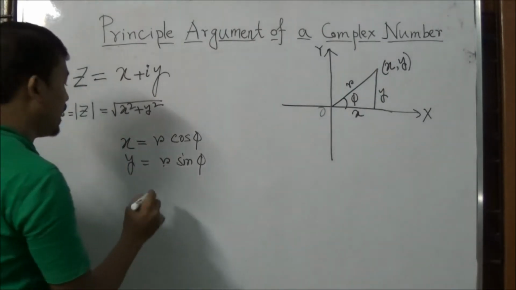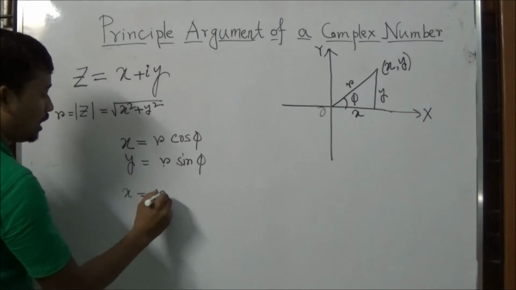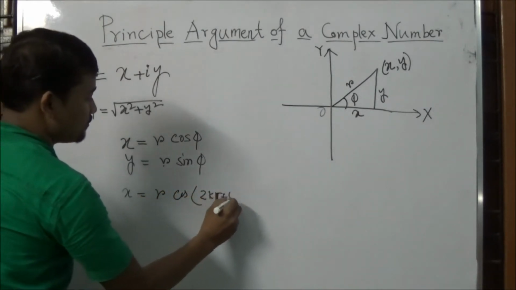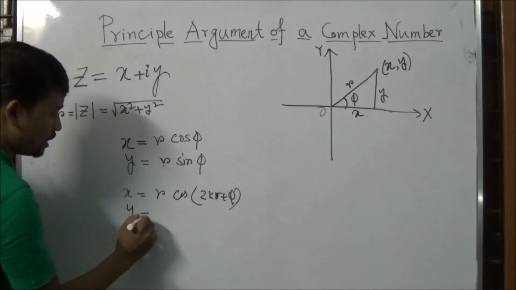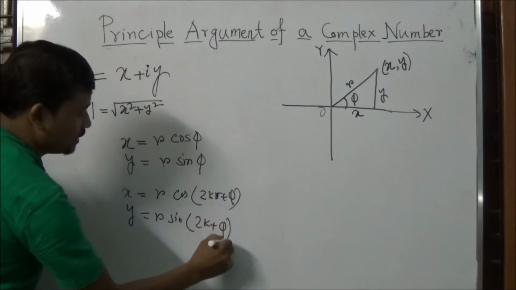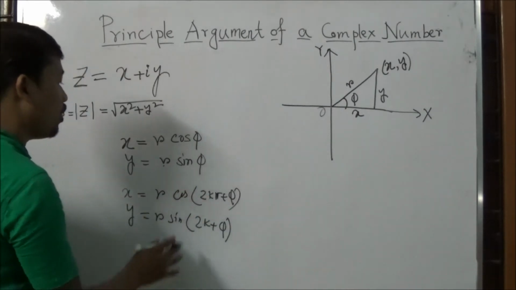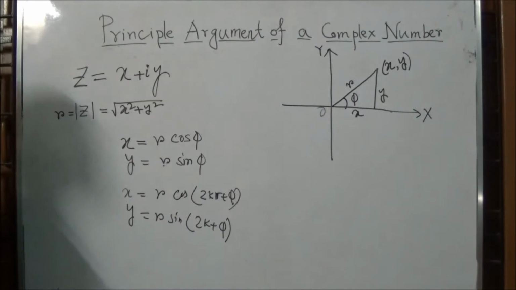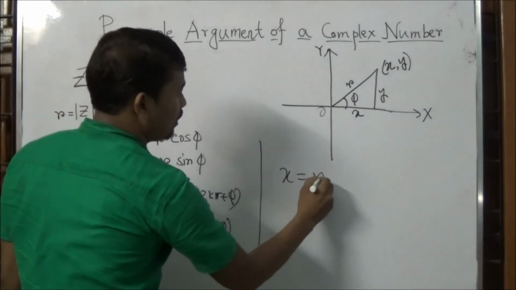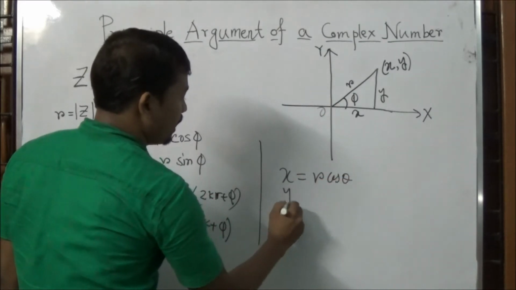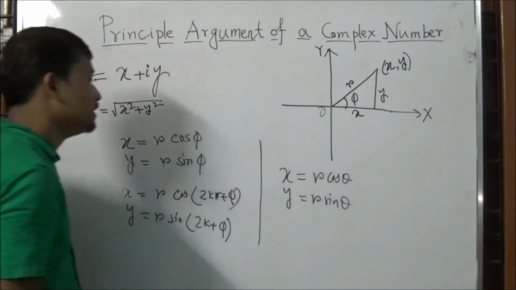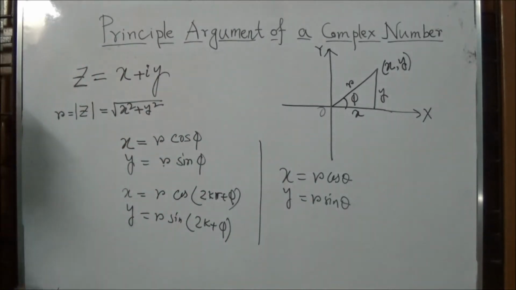Now, if we write x equal r cos (2k pi plus phi) and y equal r sin (2k pi plus phi), then it is true for all integer values of k. So the equations x equal r cos theta and y equal r sin theta are satisfied by infinitely many values of theta.